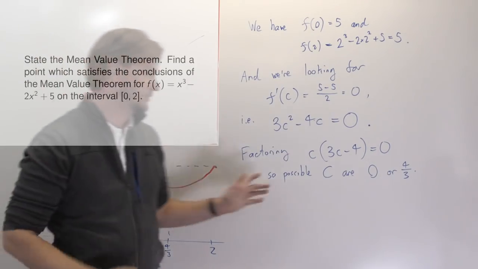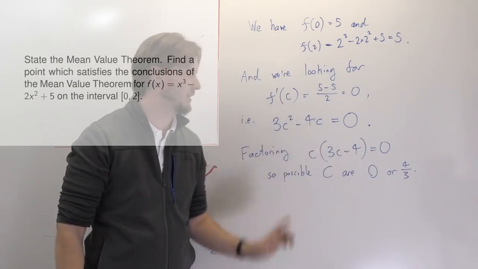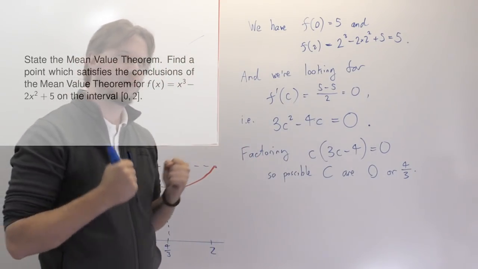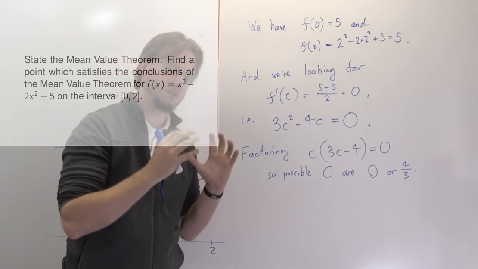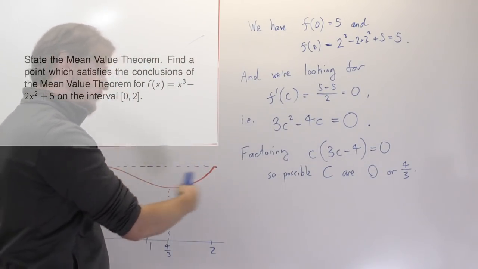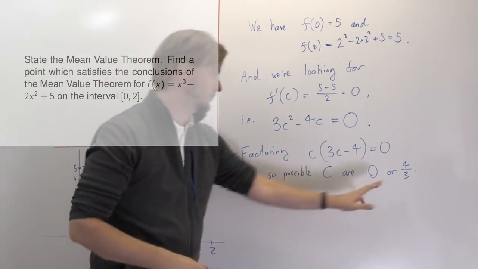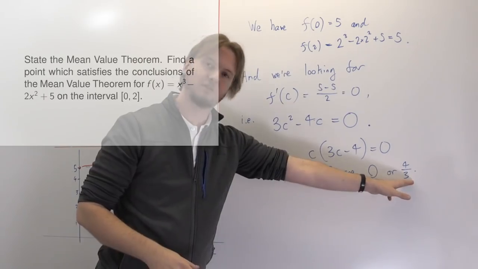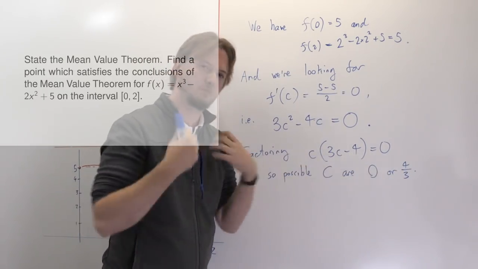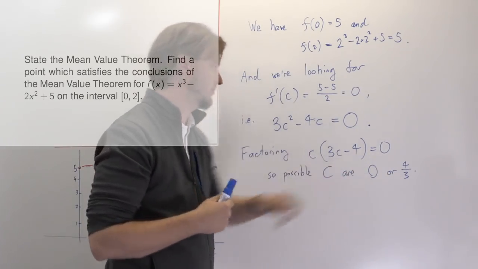The reason I'm being quite careful here is because while there are 2 things that make this vanish, if you go back and look at the mean value theorem, it promised me one in the open interval. It says it won't be on the endpoints. You'll definitely find one in the interior, somewhere inside this interval. So the one that is promised to me is this 4 over 3. This one isn't the one that the theorem is promising. It says, I promise you there'll be one, and it'll also be between 0 and 2.